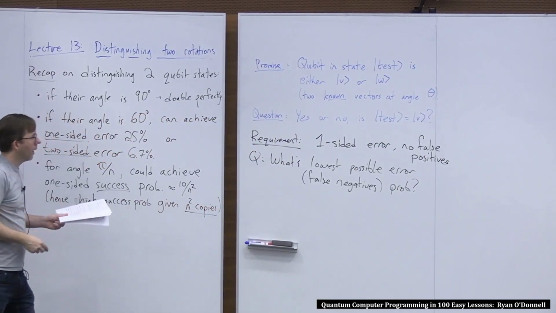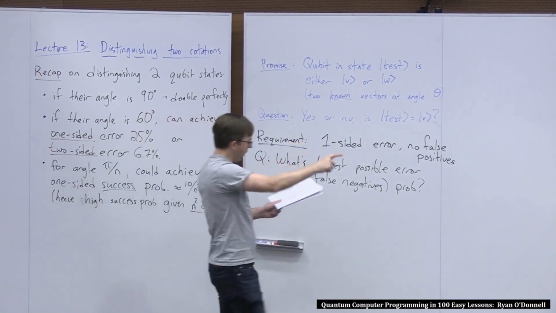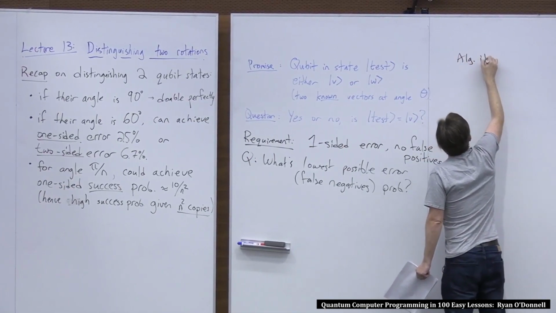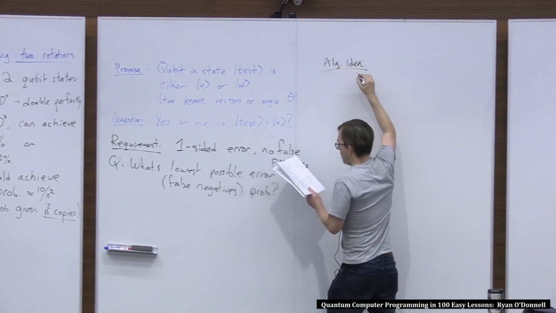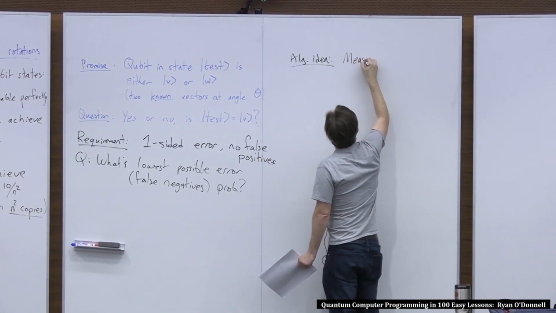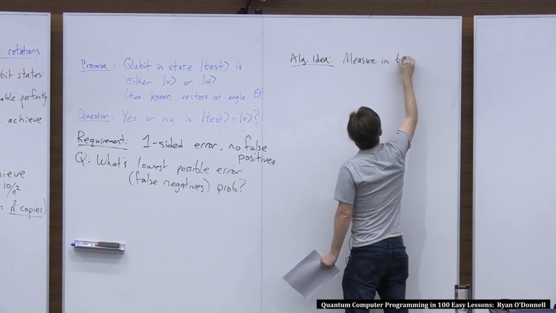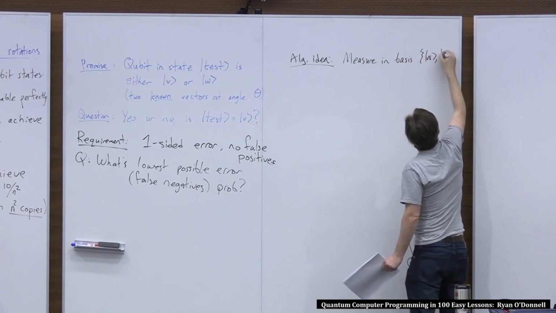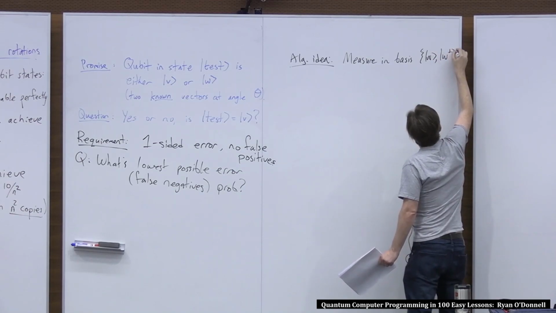Okay. And the last time we saw this idea, this was our idea for the algorithm. It was a measure in the basis, we'll call it W, and W perp.